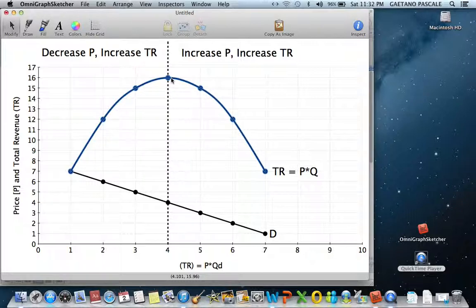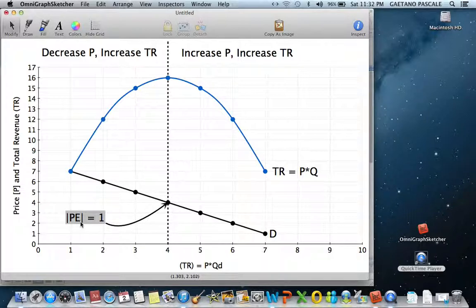All right. Well, that point is very important because it corresponds to a point on our demand curve that has a specific value for the price elasticity. At the point where total revenue is a maximum, the absolute value of the price elasticity of demand is equal to 1.